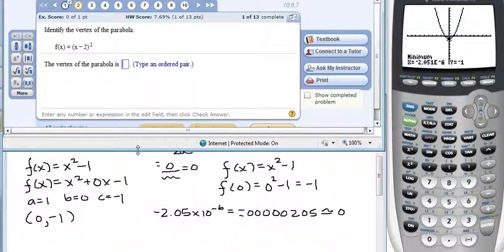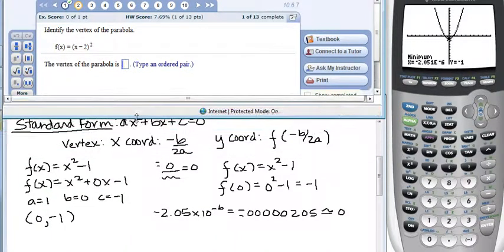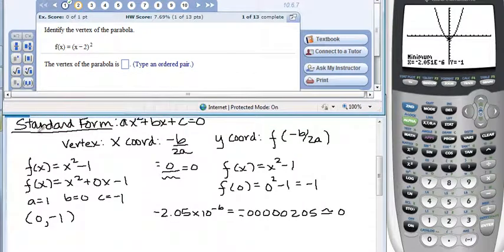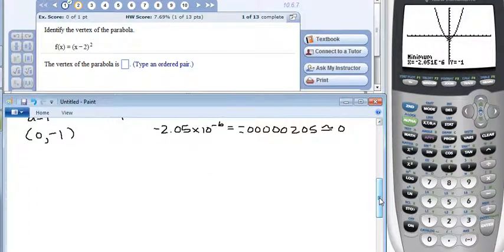Now the second type of form that we have, okay, so far what I've seen is the standard form, and this is how you find it, the x-coordinate and the y-coordinate. The next type of form that we have is called the vertex form, and this is different. And your quadratics can come in either one, okay?